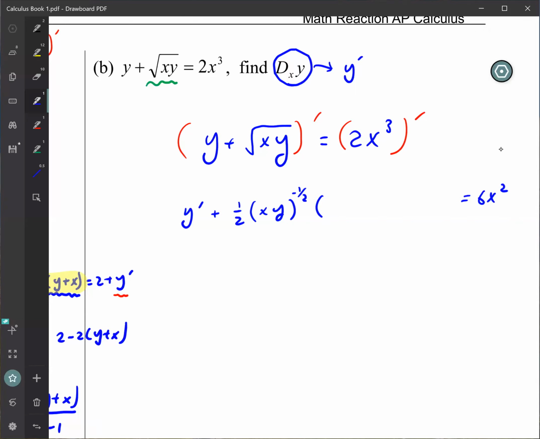How come? Then we have to prime the inside, right? Okay, so prime the inside. What's inside? What do you see? Inside is xy. So remember, y is a function. X is the other function, right?